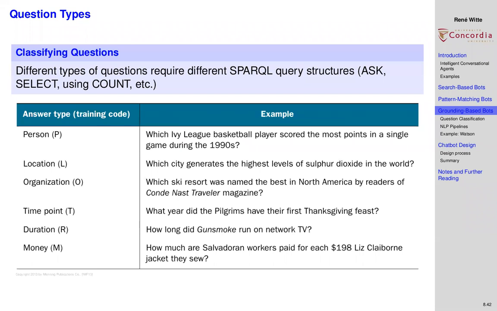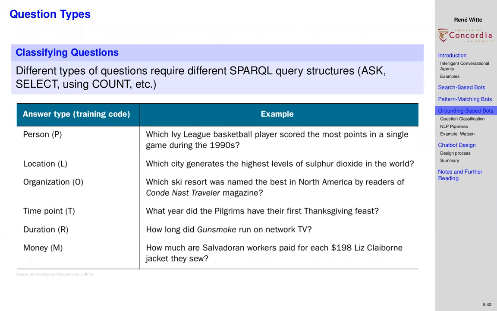You have done SPARQL, and you know that for different types of questions, you need different SPARQL query structures and constructs. You might need the ASK or a SELECT. You might need some kind of grouping, counting, aggregating, computing the sum, and so on to be able to answer a question. So being able to generate the right query for a question is actually quite tricky.